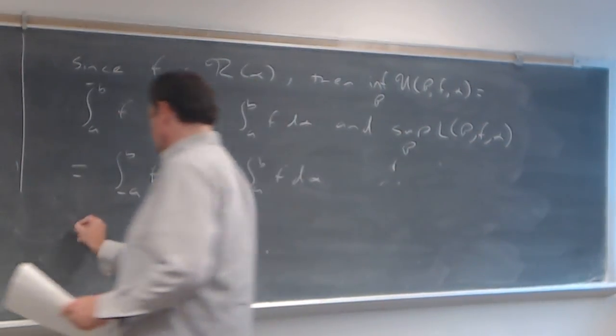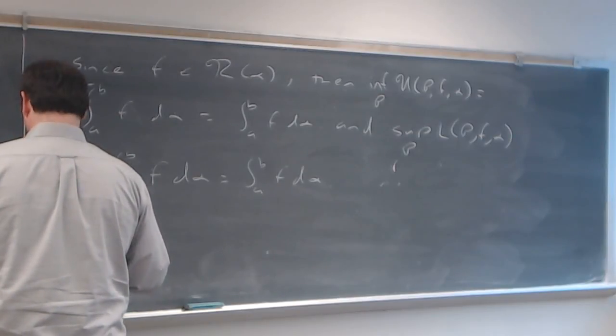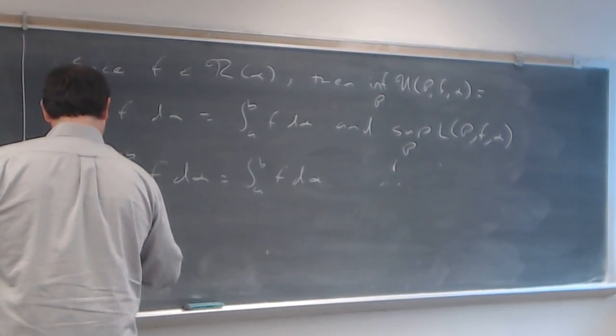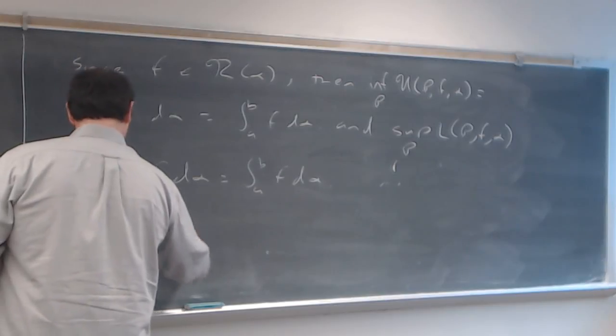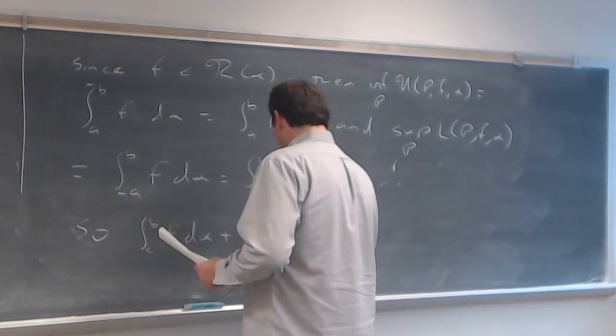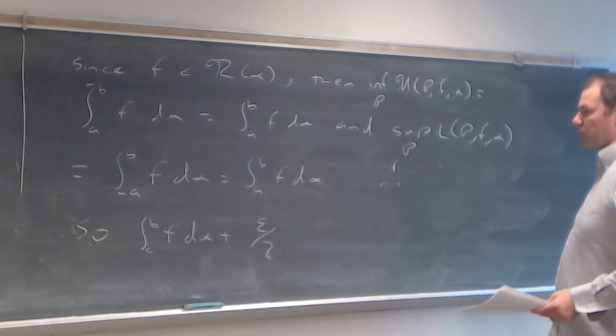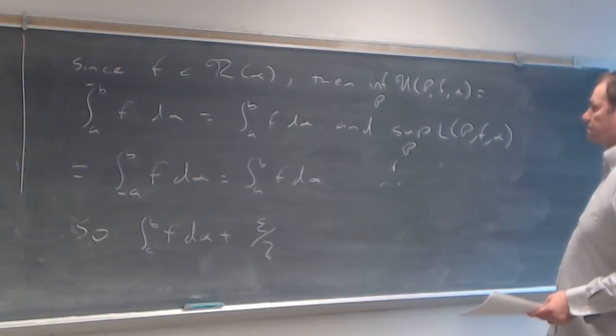So that means that the integral from A to B of F d alpha plus epsilon over 2. Okay? So that's a little bit bigger than the Riemann-Stieltjes integral.